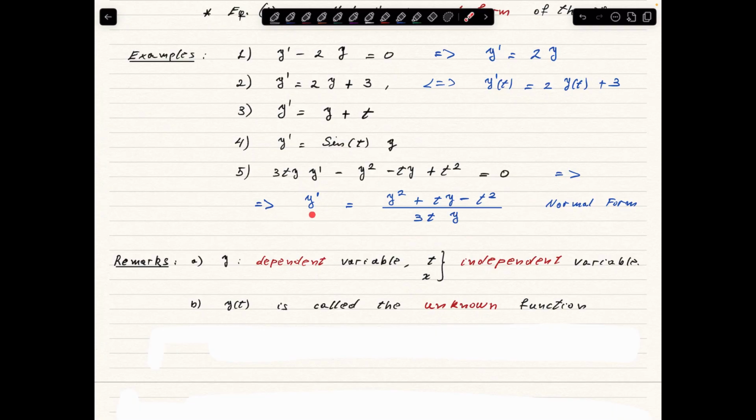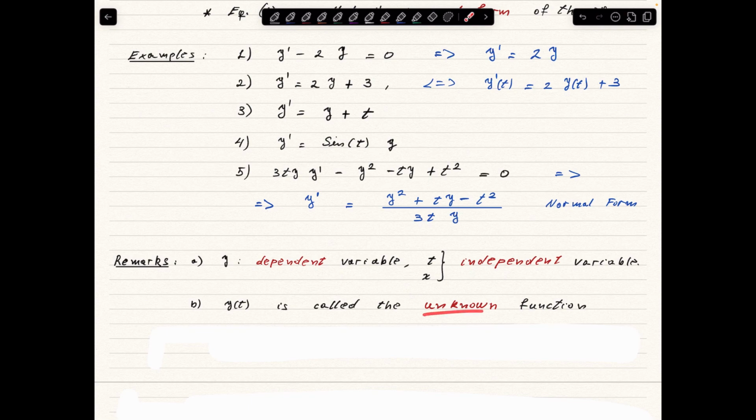Not every function is such that the derivative of the function is actually this combination of the original function. This is a very specific condition for a function y. Functions that satisfy the equation are called the unknown function, because right now we don't know what functions satisfy this equation.